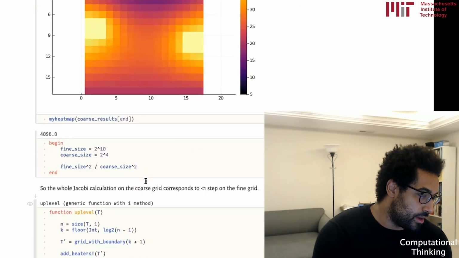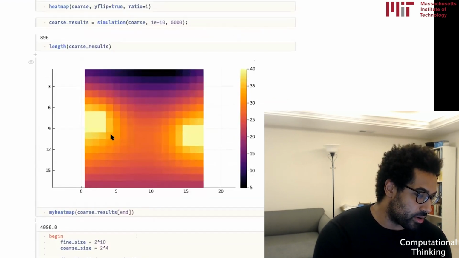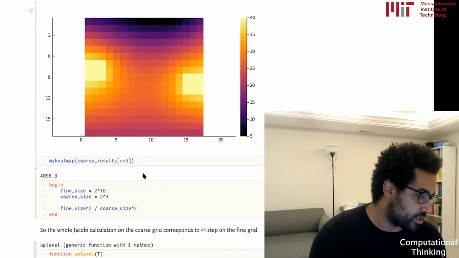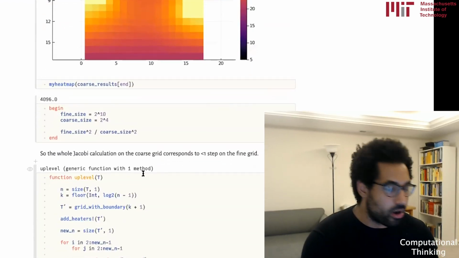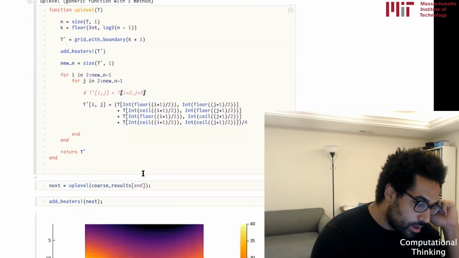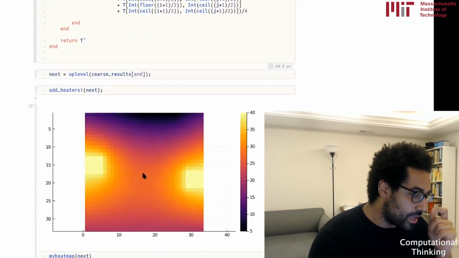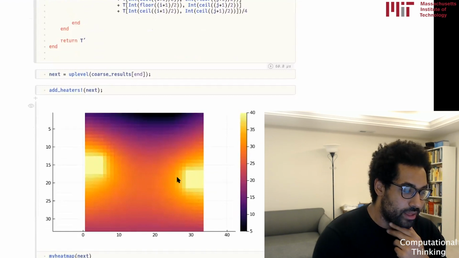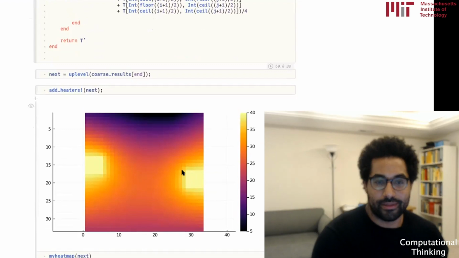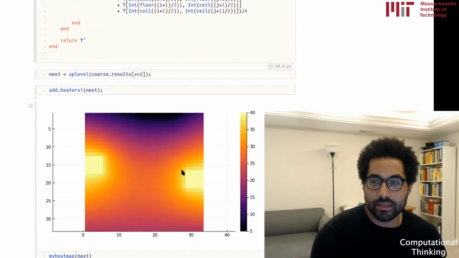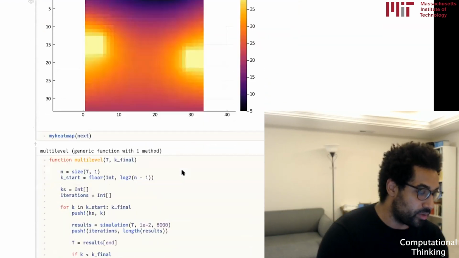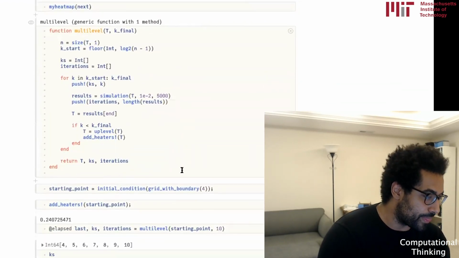If this was our exact solution on the coarse grid, by mapping it up to a grid that's 2 times as fine in the rows and 2 times as fine in the columns, you'll see that the same picture is now on a 32 by 32 grid. Now that we have this better initial guess, we just use Jacobi, and we're going to get a better solution. And so we can code this in the following way.